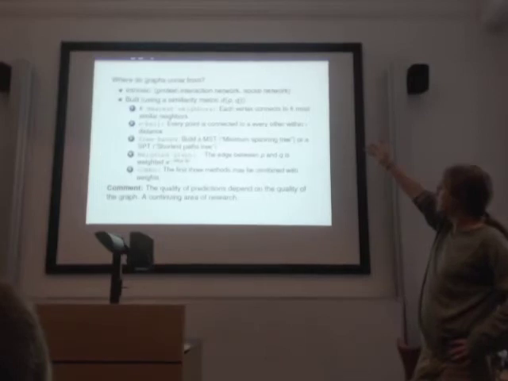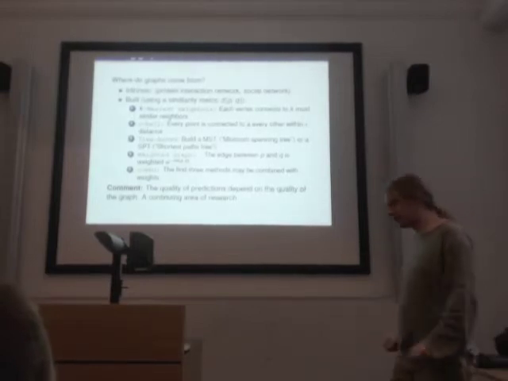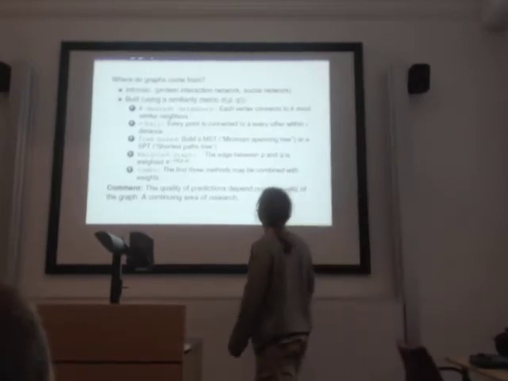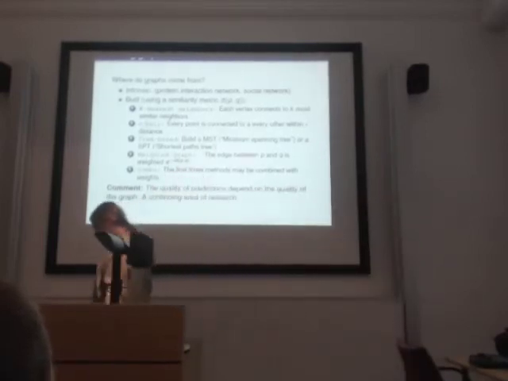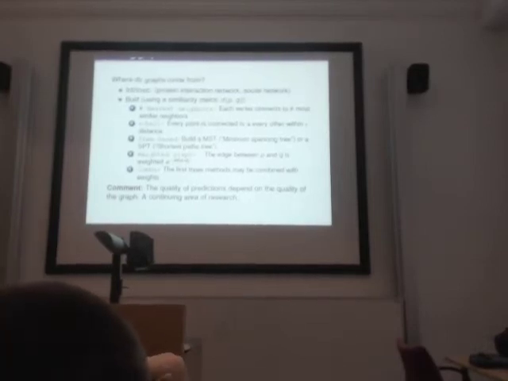Some of these are perhaps intrinsic, like with proteins, maybe there's only certain proteins that another protein will interact with. You can build a graph with edges such that they interact. Social network, Facebook, you can build a graph via the friend relationship.